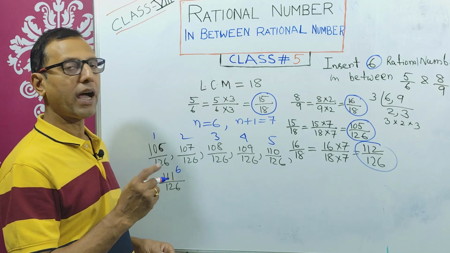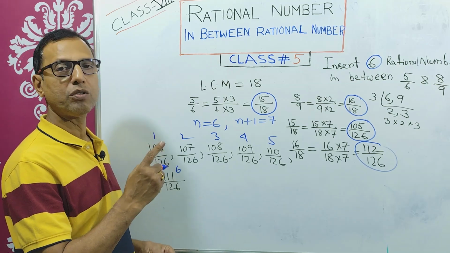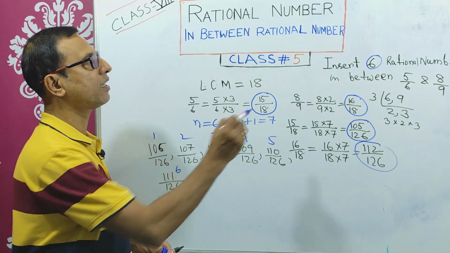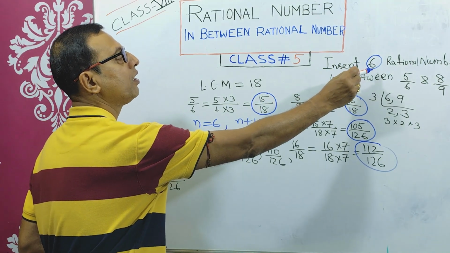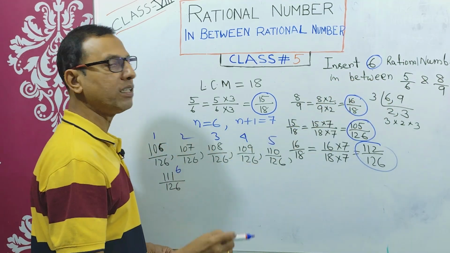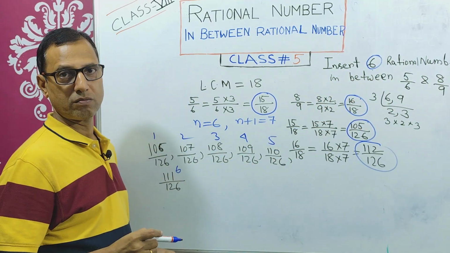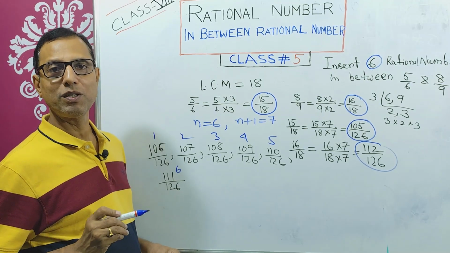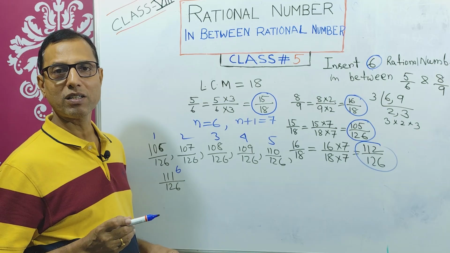I have explained why you multiply with n plus 1: if you need to find 6 rational numbers, you need to divide the section between 5 by 6 and 8 by 9 into 7 divisions.